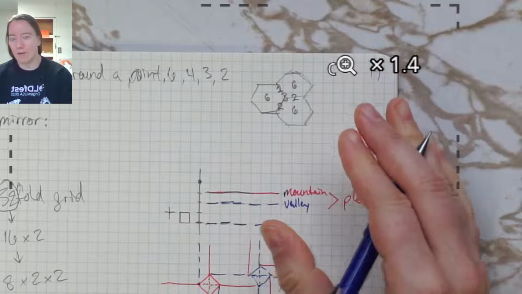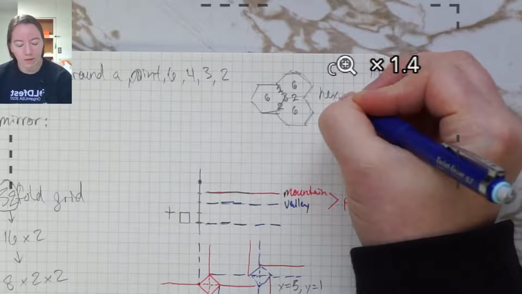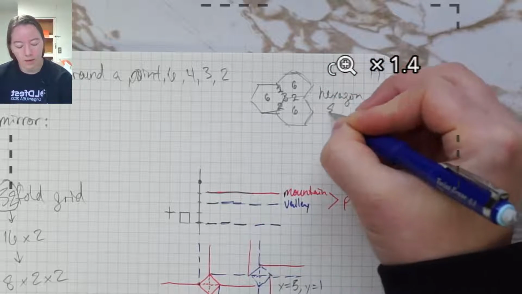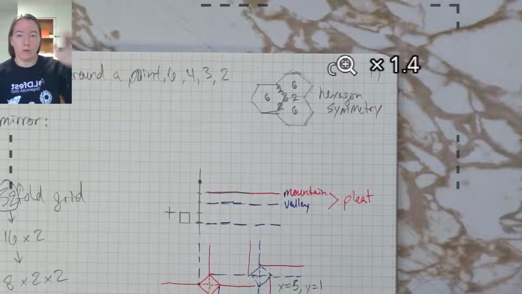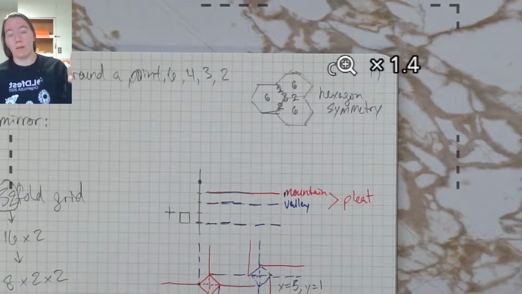So this is characteristic of the hexagon symmetry. And I have videos on each of the six symmetry types that I'm going to talk about.